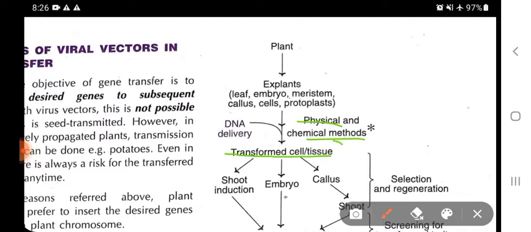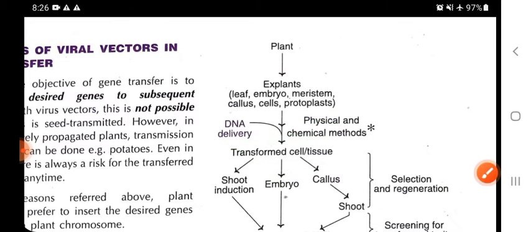Now that transformed cell or tissue will grow, depending on what type of tissue culture we are doing, into callus. Normally we grow it into callus, or if we are involved in somatic embryogenesis, we develop it into embryo, or shoot induction is done.